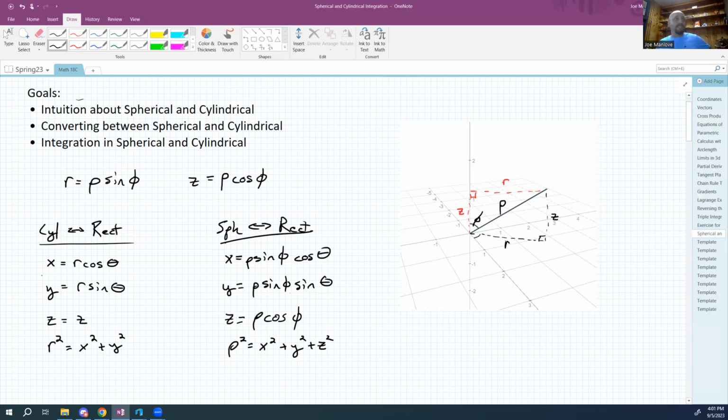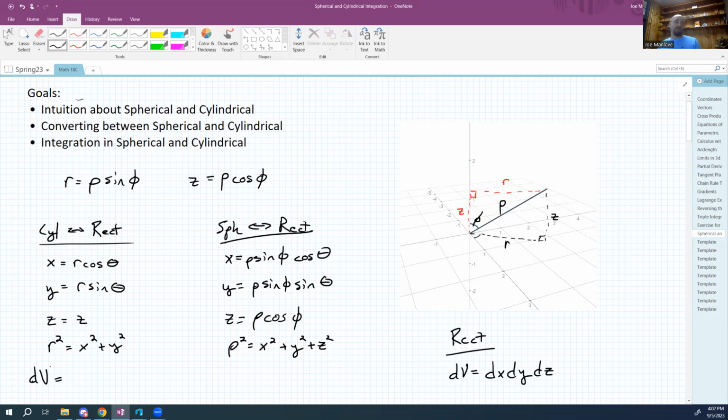Now, our last thing is learning our integration. So remember how in rectangular, d volume is dx dy dz? Well, in my new coordinate systems, I'm going to also have dV's.